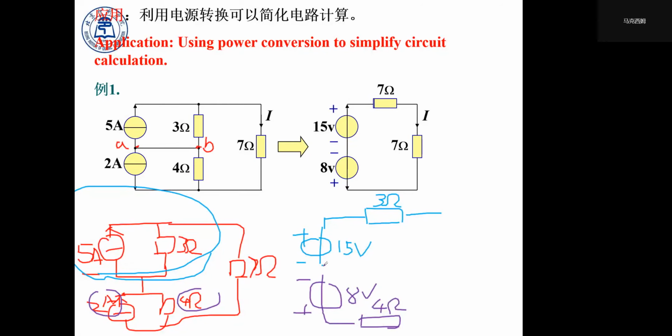Those two are connected to this point A, right? And then they are attached to the 7 ohm resistor. And we combine the 3 ohm and 4 ohm resistor, then we have a 7 ohm resistor.